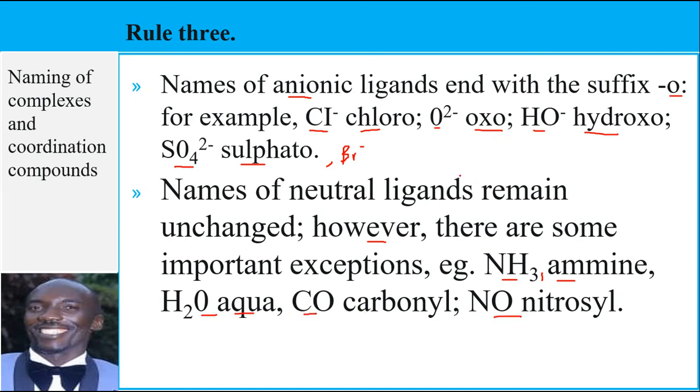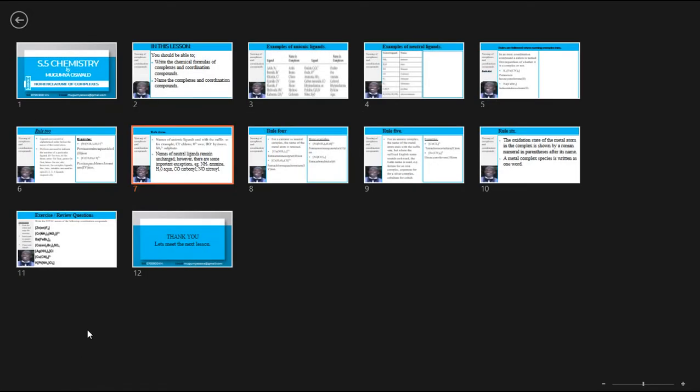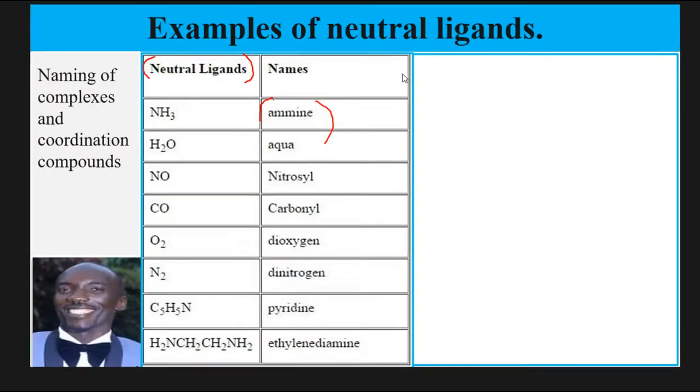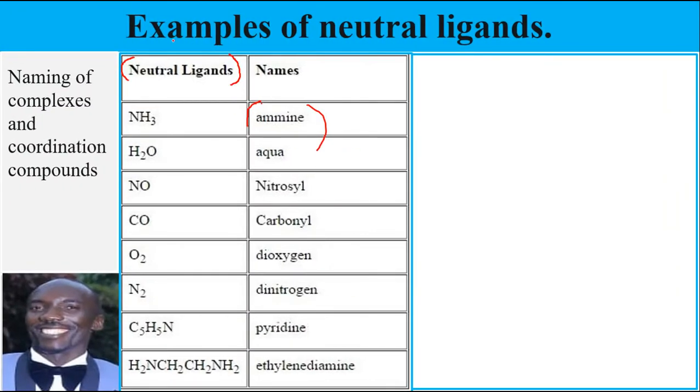We also looked at the examples in our first slide. Let's check it out and see what we had. Here we had examples of neutral ligands. This is ammonia, which turns to amine. We have water, aqua, then nitrogen, which becomes dinitrogen, and so on. This is also a polydentate, ethylenediamine.